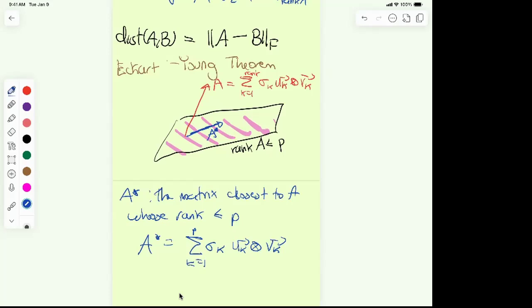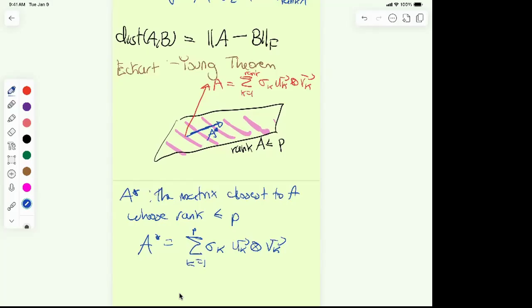Essentially, it boils down to that and the fact that this norm, this distance function, is rotationally invariant. So if you rotate all the factors, the distance is the same. I'll write the hints because it's actually a super quick proof.